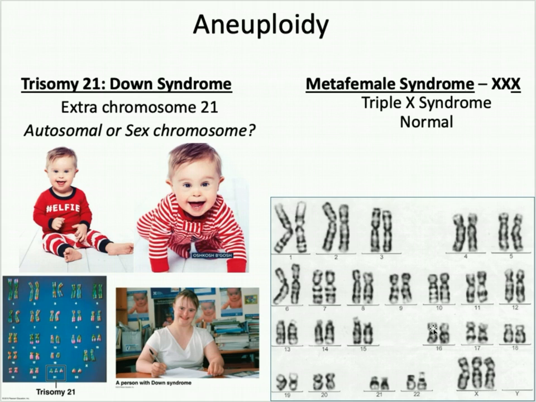Females that have this syndrome, the metafemale syndrome, may appear normal, but some can have characteristics of learning disabilities, muscle tone deficiency, and even motor skills development that is slowed down or doesn't develop as quickly as in a healthy person.